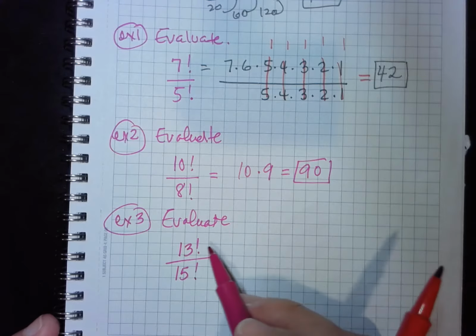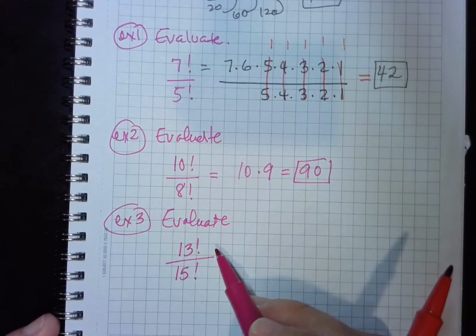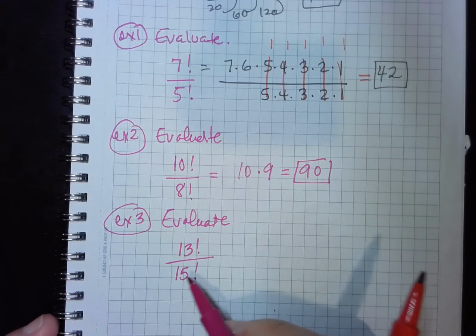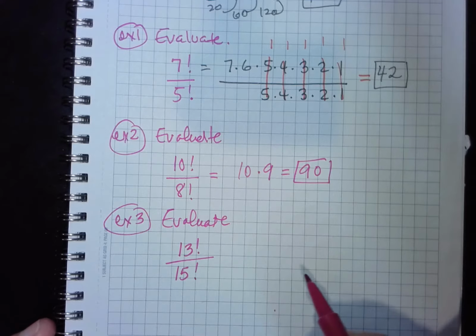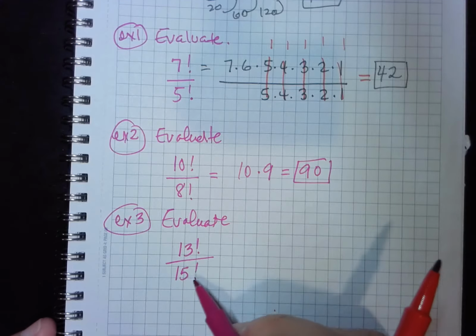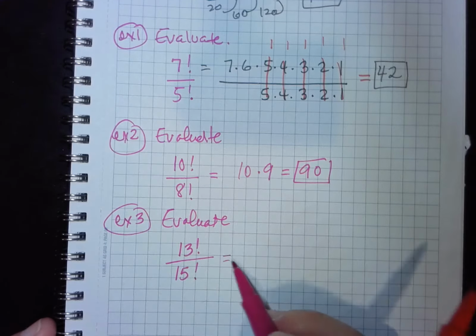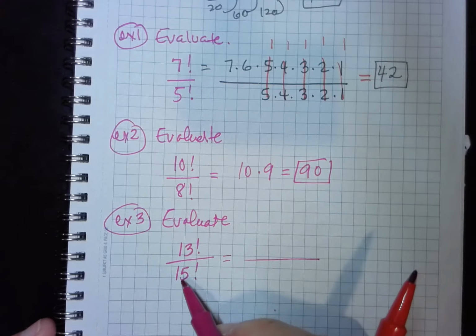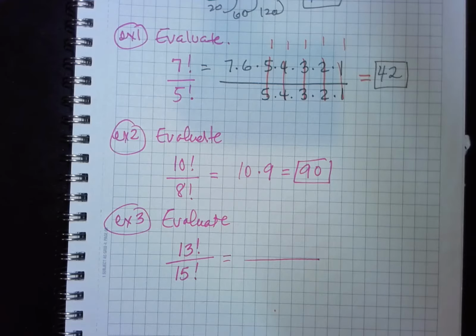This one is 13, 12, 11, 10, 9, and so on. And 15, 14, 13, 12, 11, 10, 9, and so on. So the 13 down is going to cancel, right? It's going to divide out. So all I'm going to be left with is a 15 and a 14.